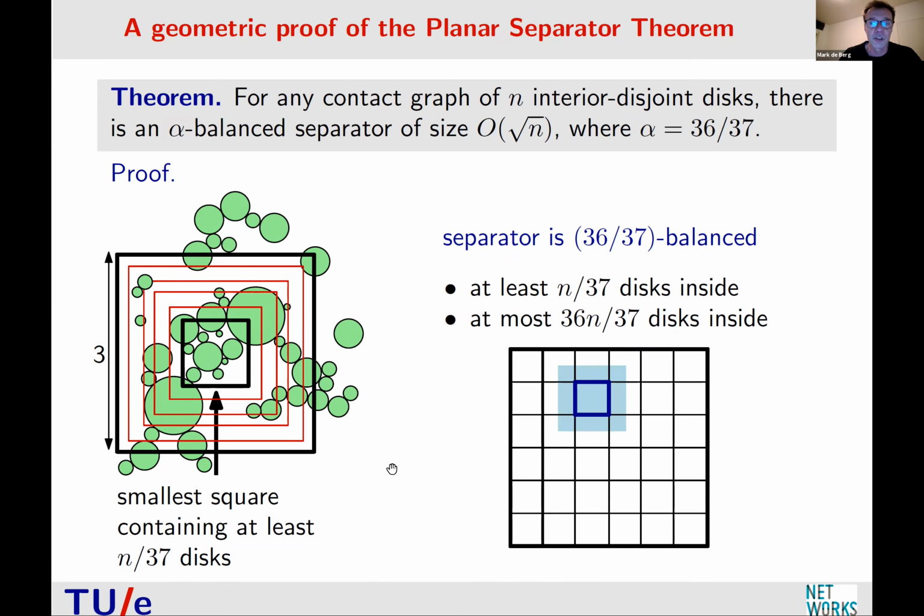Well, I partition this outer black square into 6 by 6 smaller cells. Okay, and now take a disk that lies inside the black outer square, right? It's going to intersect one or more of these grid cells. Let's say this blue grid cell here.